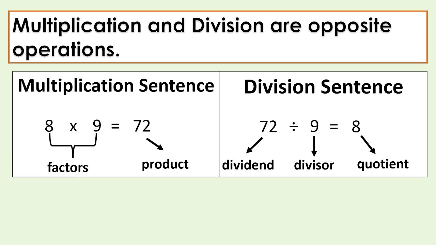A multiplication sentence's opposite is a division sentence, meaning that if you have a multiplication equation, you can create a related division equation using the same numbers. For example, 8 times 9 equals 72. It becomes 72 divided by 9 equals 8, where multiplication and division are inverse operations.